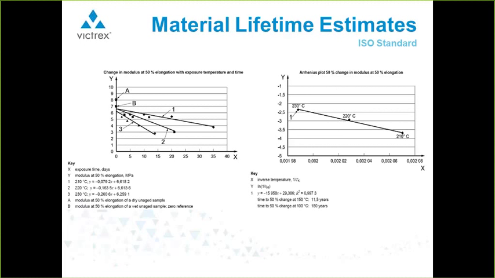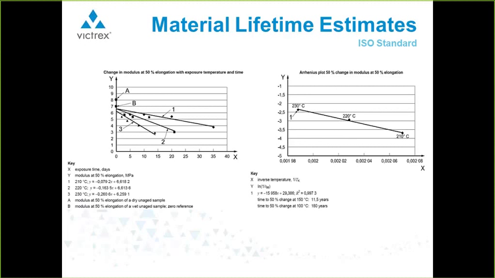From that, as Alexandra said, it's important to try to drive your aging test to cause 50% reduction in properties, and at least one of your temperatures should do this. For the other temperatures, if you haven't reached 50%, you can then calculate from your equation.